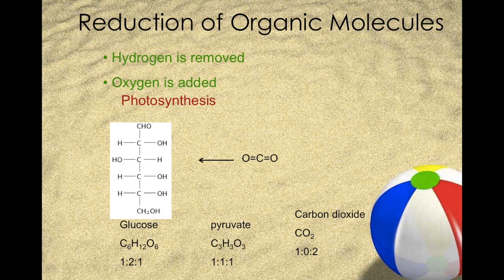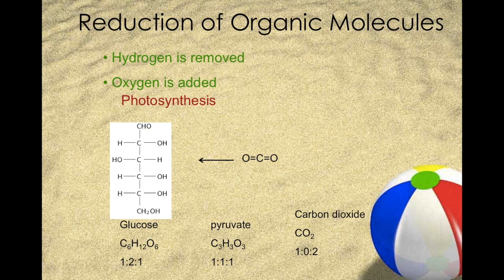So now let's look at reduction of organic molecules, one process of reduction. There's many others, but this is probably the most classical example, photosynthesis. Photosynthesis is a process in which plants take carbon dioxide, the molecule on the right, and then they convert it into glucose.